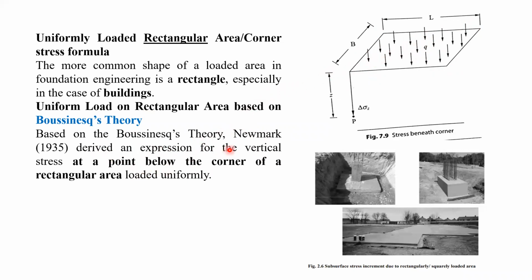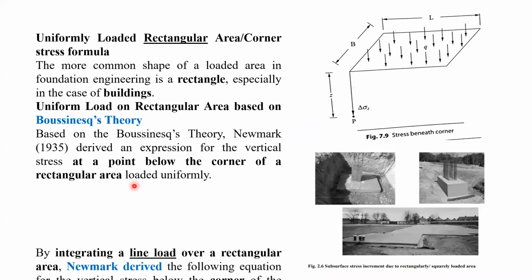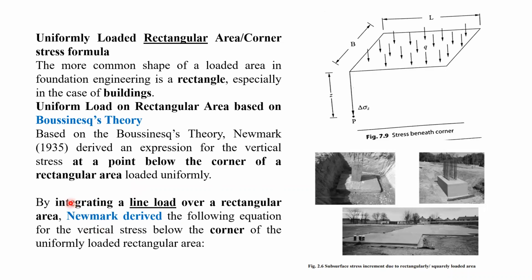So what Newmark did, based on the Boussinesq theory, at a point below the corner of a rectangular area loaded uniformly, by integrating a line load over a rectangular area, Newmark derived the following equation for the vertical stress below the corner of the uniformly loaded rectangular area.